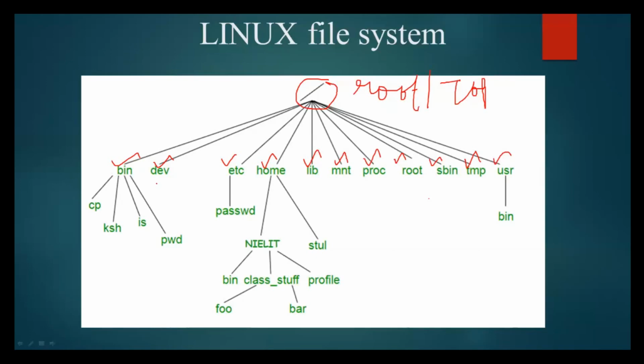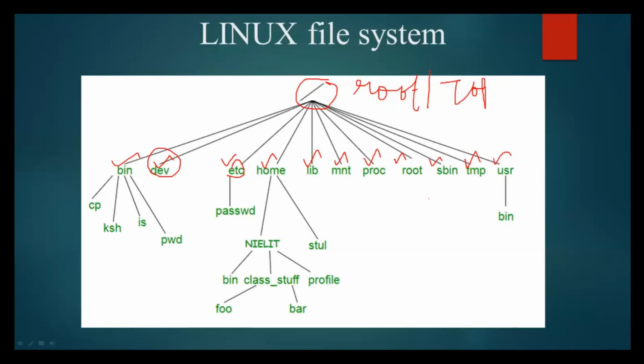See here, bin: most of the installation and everything will be in bin. DEV is nothing but your device drivers, extra devices. Suppose I am inserting hardware, connecting a hard disk, or connecting an Ethernet adapter or pen drives. All kinds of device driver files, that is, the code, are written in dev. Next, etc. This is what I discussed on the first day itself.